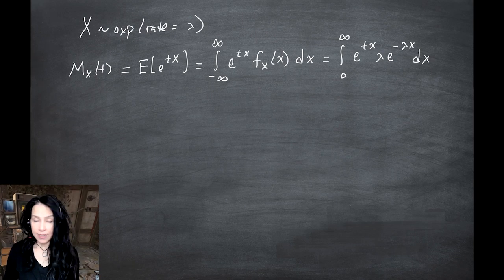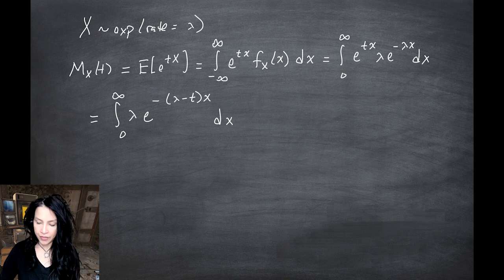To integrate this, I'm going to combine the e's, and I'm going to write this as the integral from 0 to infinity of lambda e to the minus (lambda minus t) x. You can probably imagine combining those exponents in a slightly different way. But what I've done now is gotten it to look kind of like an exponential distribution.